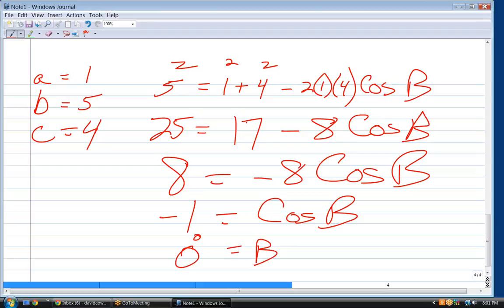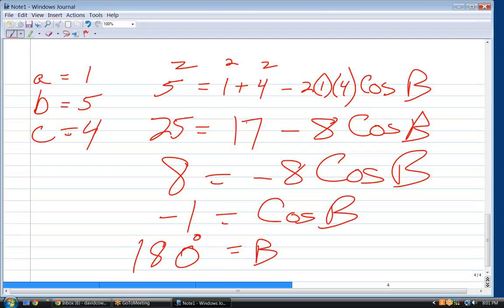Well, actually you won't. You'll get pi, 180 degrees. Either one is impossible. You can't have a triangle where an angle is 0 degrees, and you can't have a triangle where one of the angles is 180 degrees. Okay.